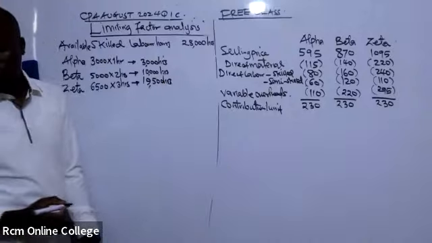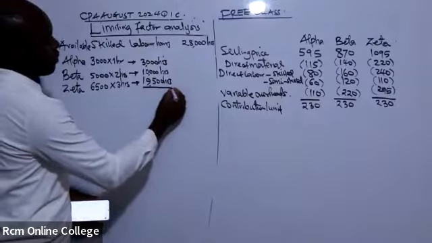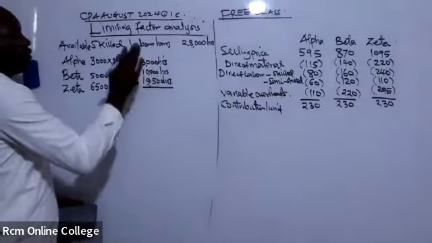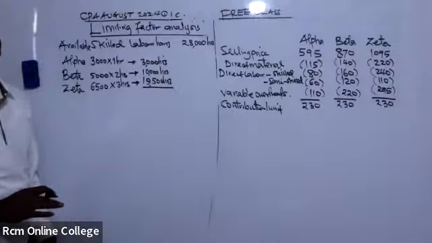Yes, good. Can we get the total hours needed? 3,000 plus 10,000 plus 19,500. The total is 32,500, right?